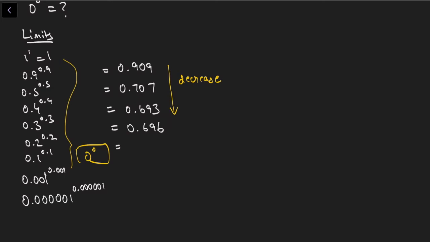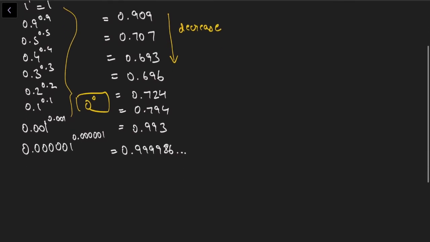0.2 raised to 0.2 is 0.724. 0.1 raised to 0.1 is 0.794, and 0.001 raised to 0.001 is 0.993, and this huge number is 0.99996, and it goes on.